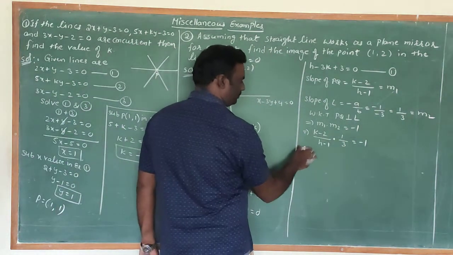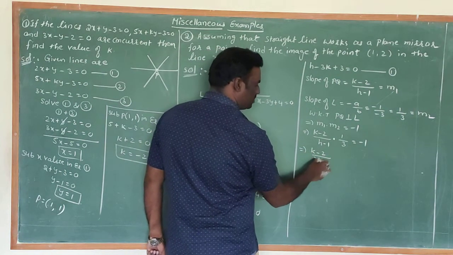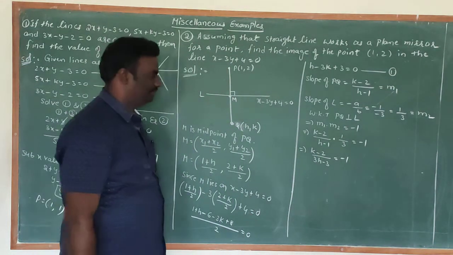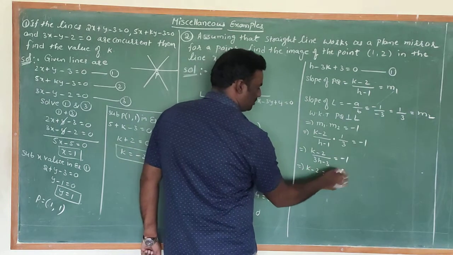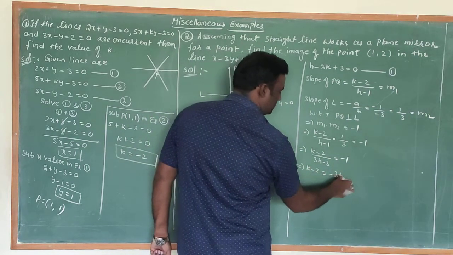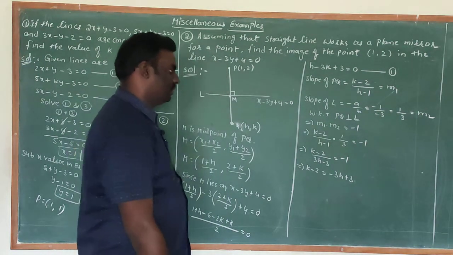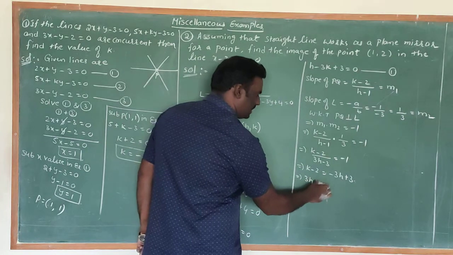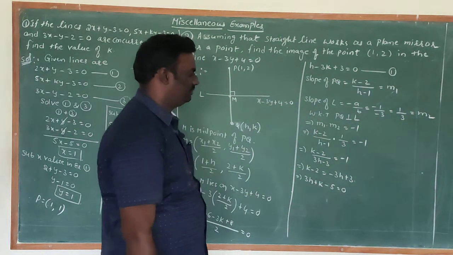Now, k minus 2 by 3h minus 3 is equal to minus 1. Cross multiply, k minus 2 equals to minus 3h plus 3. Now what will you get? 3h plus k minus 5 is equal to 0.